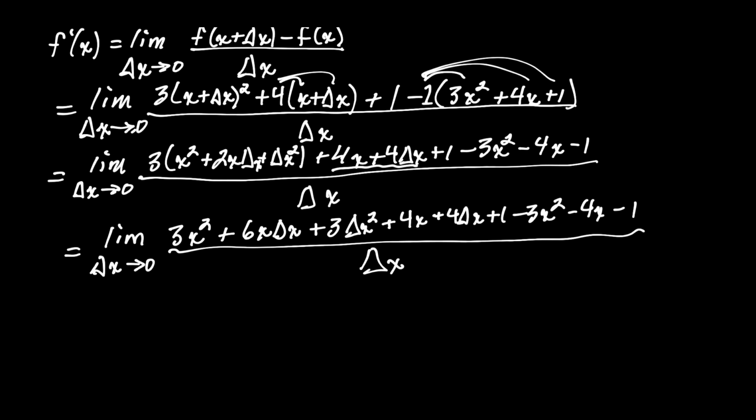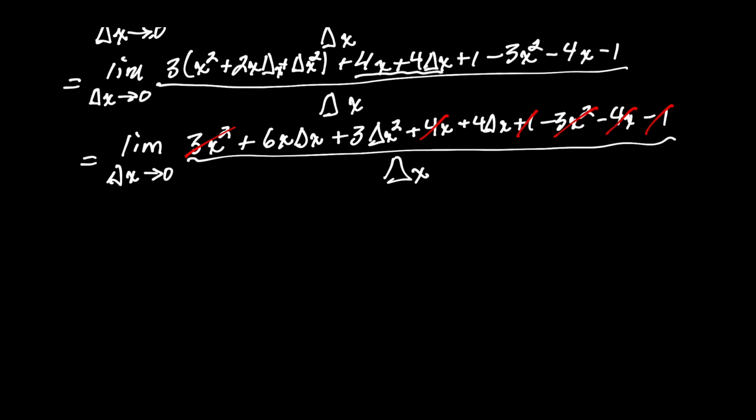So, here's where some nice magic happens. 3x squared and minus 3x squared, those add up to 0. Then we have a 4x and a minus 4x, and a 1 and a minus 1. So everything has canceled out basically that doesn't have a delta x in it.